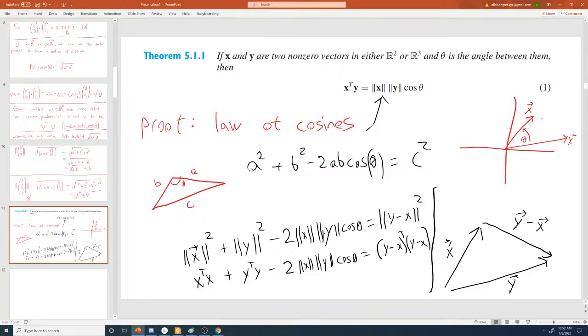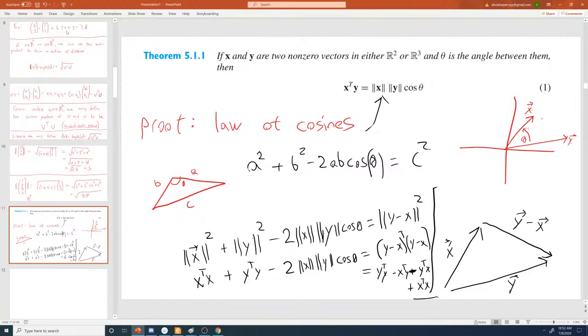And if you multiply out the right hand side, what you'll get is y transpose times y minus x transpose times y, and then minus y transpose times x, and then plus x transpose times x.